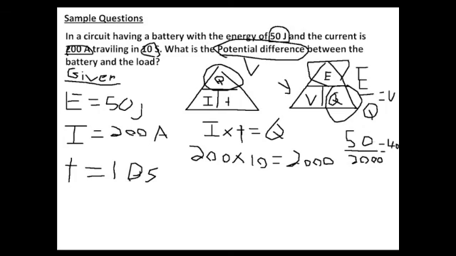So now we know V equals 40. So we have 40V, and we paraphrase that in a therefore sentence. So we would say, therefore, the voltage between the battery and the load equals 40V.